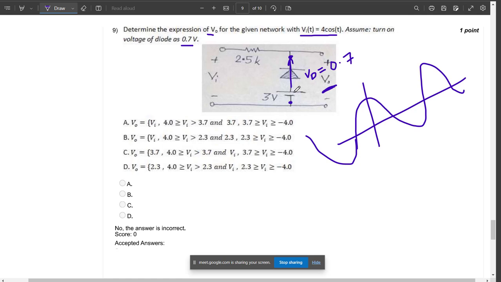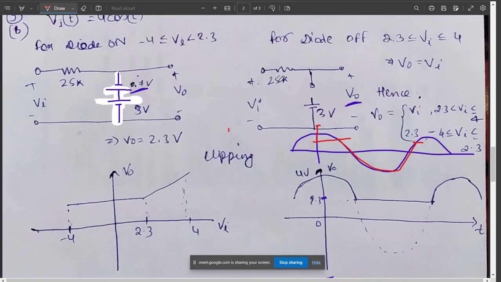This means it is open circuit, and with open circuit, Vi directly comes to VO. That is, the diode is switched off and whole Vi came to VO. So from 2.3 to 4 volts, we have VO equals Vi, and when the diode is on, then we have VO equals 2.3 volts.